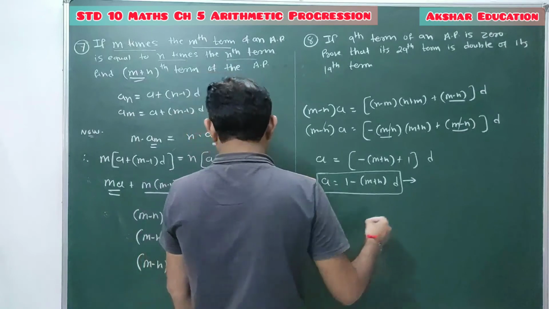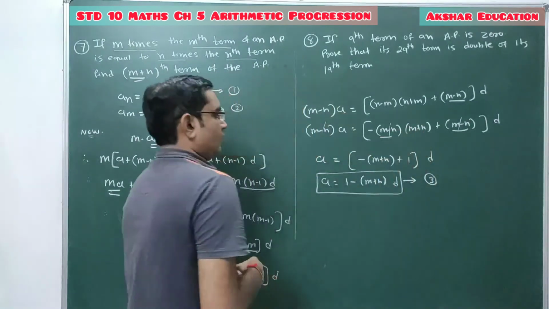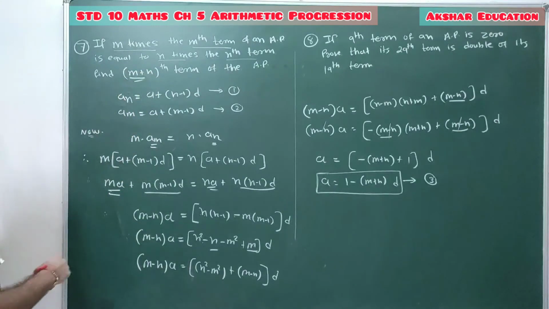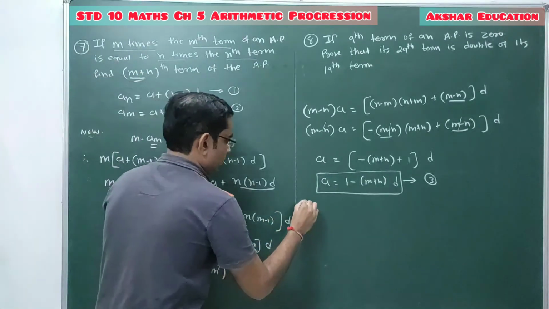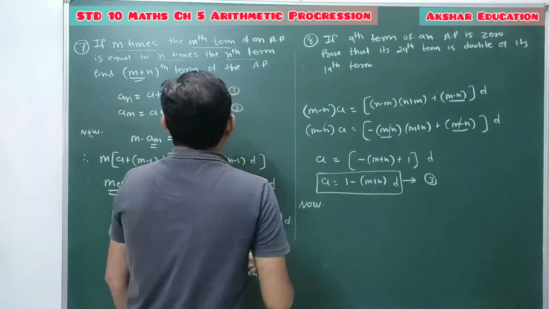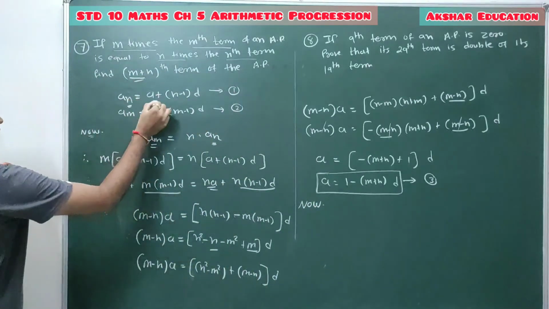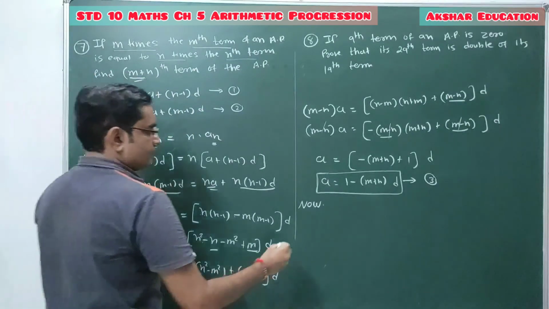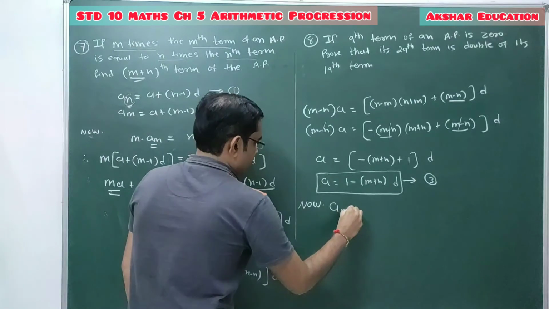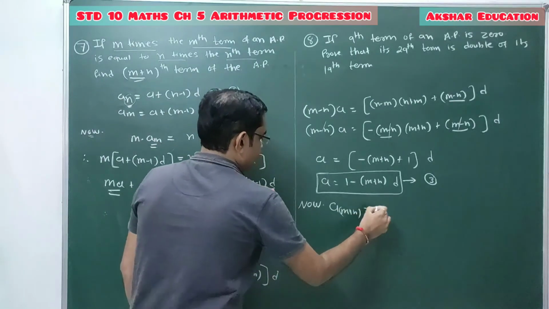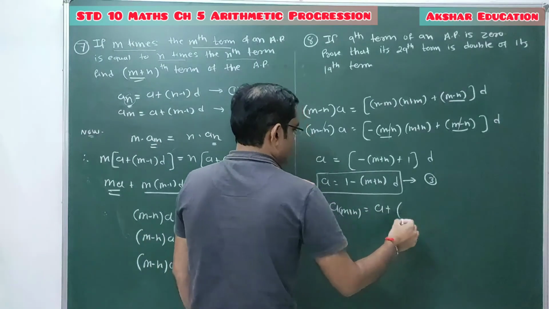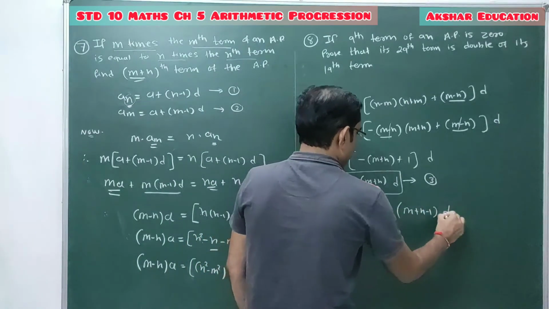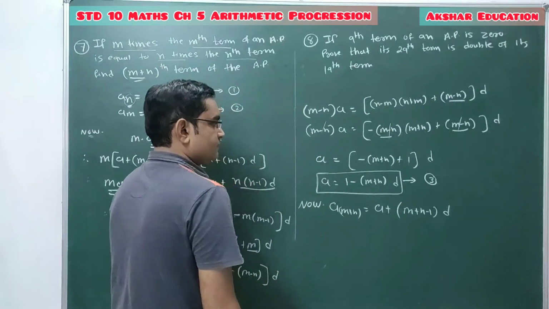Say result number 3. Now question is, find the m plus n term of an AP. So now what is m plus n term? Our nth term is a plus (n minus 1) into d. So instead of n we have to write m plus n. So our (m plus n)th term will be first term a plus (m plus n minus 1) into d. Clear?